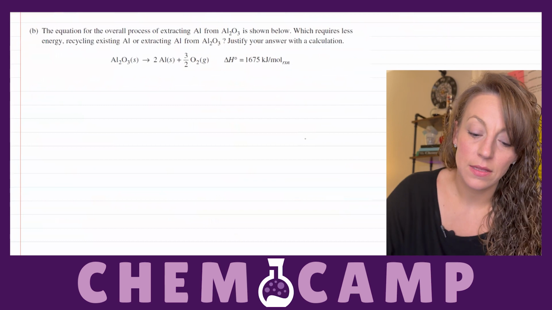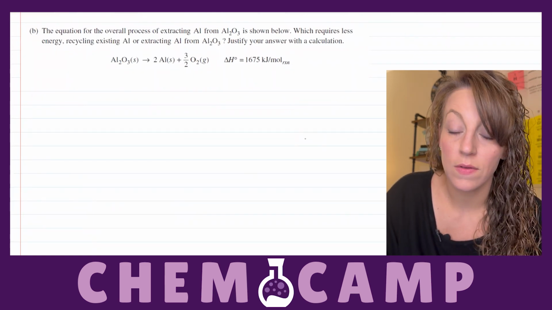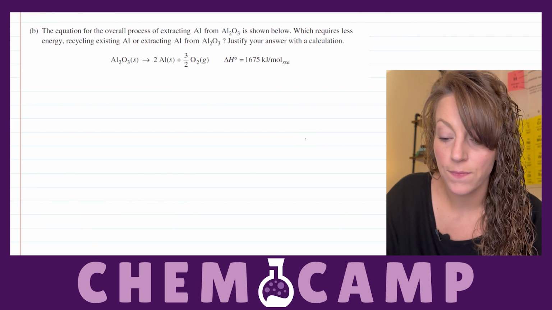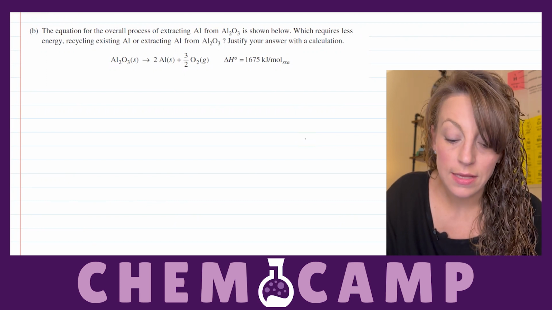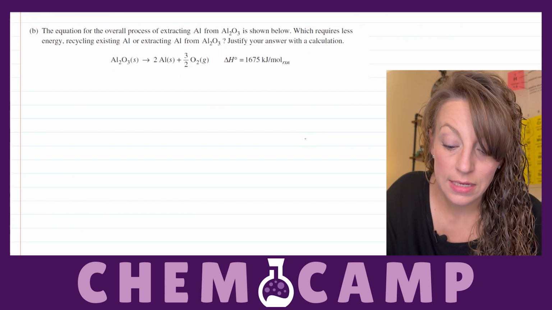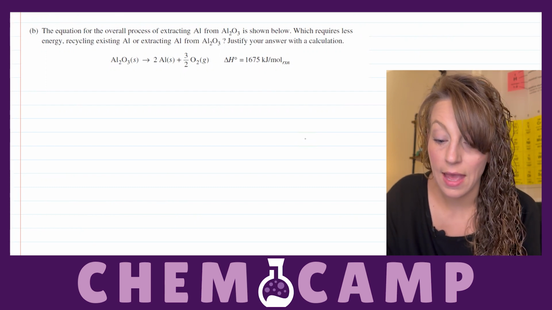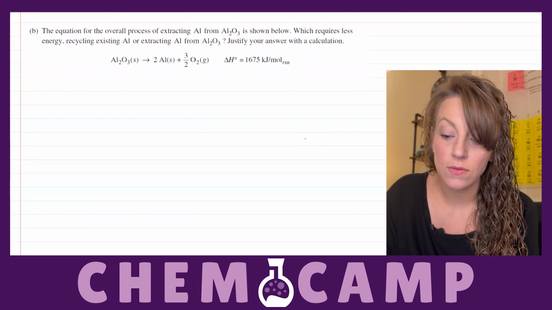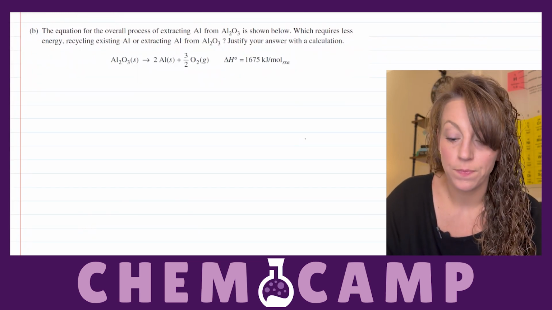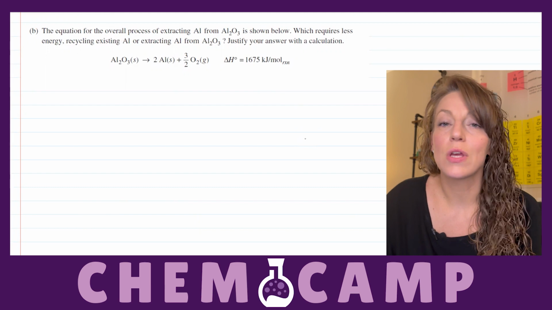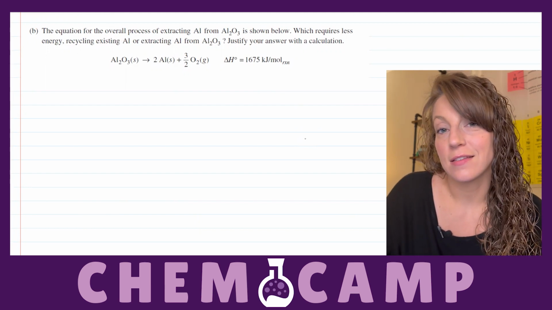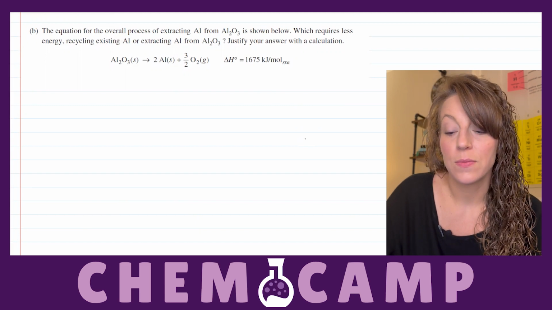Part B states that the equation for the overall process of extracting Al from Al2O3 is shown below, which requires less energy, recycling existing Al or extracting Al from Al2O3. Justify your answer with a calculation. So now they've introduced a new reaction or a new process and a delta H associated with that process.